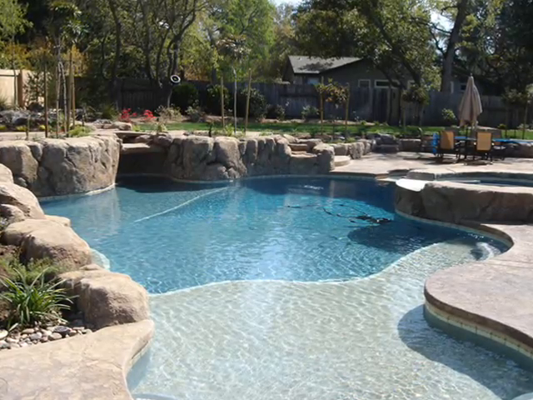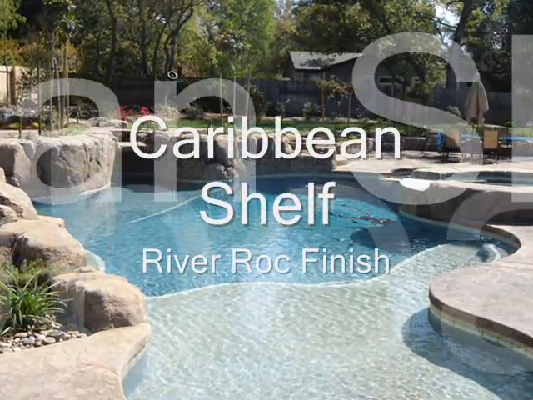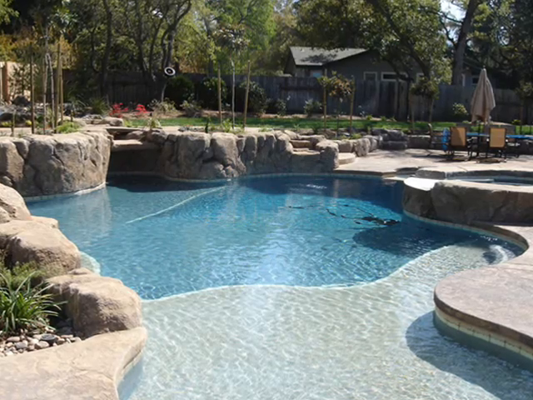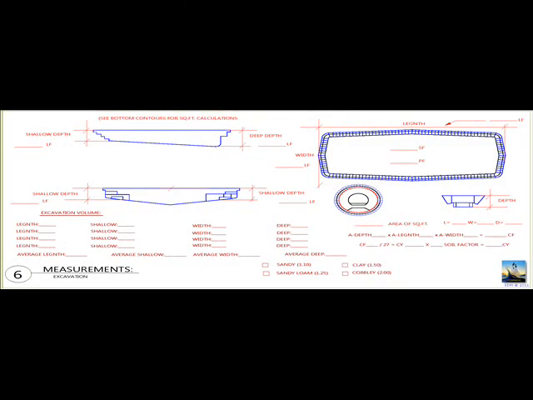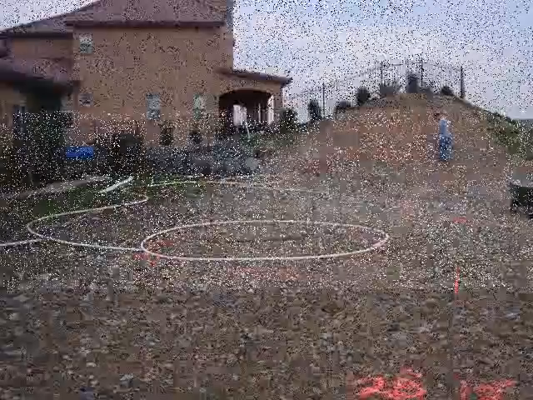Additionally, in some cases, portions of a pool can be plastered and portions can be exposed aggregates, such as a Caribbean shelf, if desired.